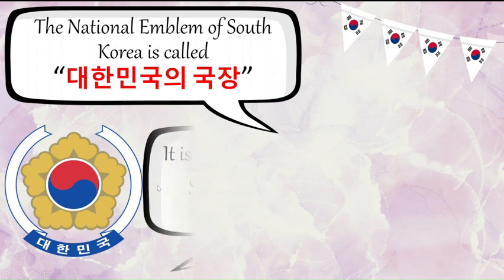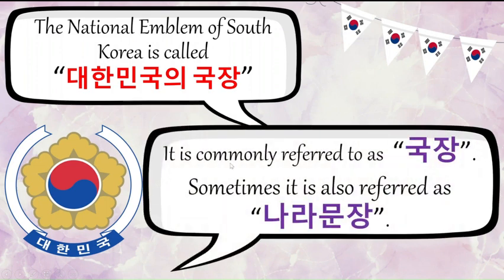Okay? And one more thing, it is commonly referred to as 국장, which is the shortened form of its name. 대한민국의 국장 is shortened as 국장. Okay, so you'll find this word more often. And sometimes you'll notice that it is also referred to as 나라 문장. So, 나라 문장 is also a term for the emblem.